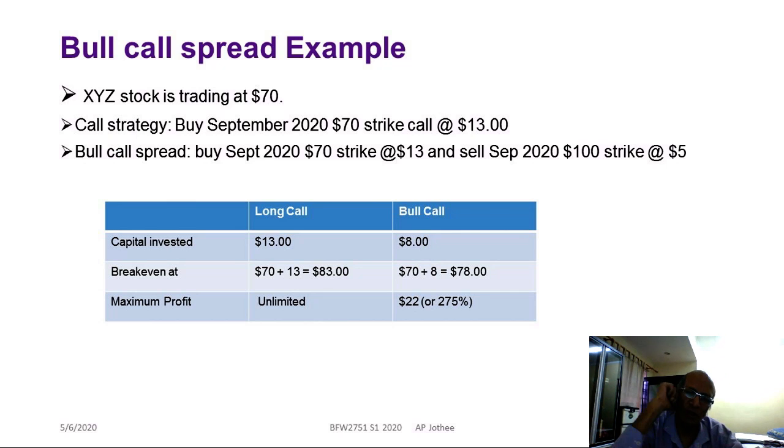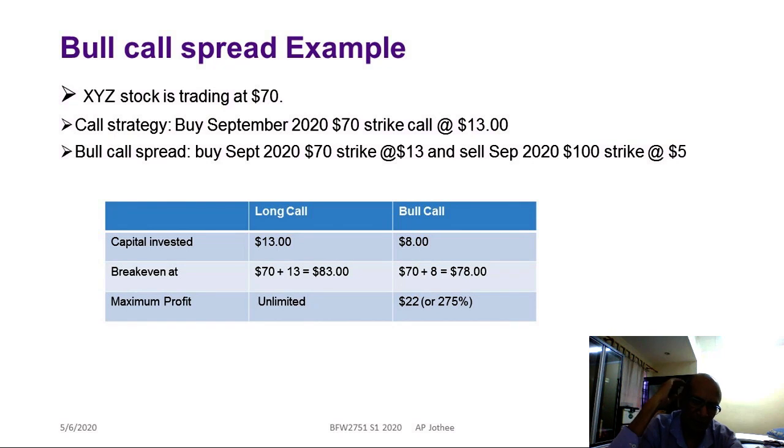That means you are buying a call for $13 at a $70 strike, and selling a call at the $100 strike, the bull you bought at K1 of $70, you're selling at K2 of $100, but you are selling it for $5.